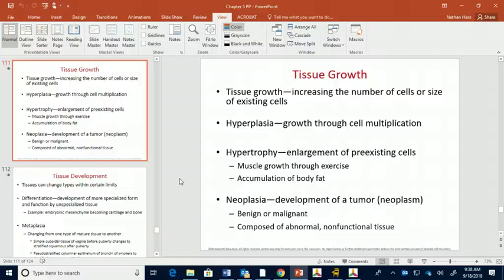Let's talk about tissue growth and development and repair and degeneration. Are you comfortable that tissue grows in two ways? Either hyperplasia or hypertrophy. Hyperplasia means the cell multiplies. I start with one cell, it becomes two, two become four, four become eight, eight becomes sixteen, and so on. Mitosis.